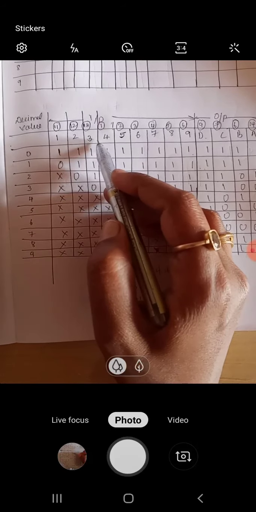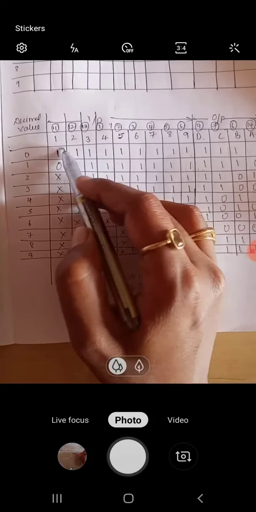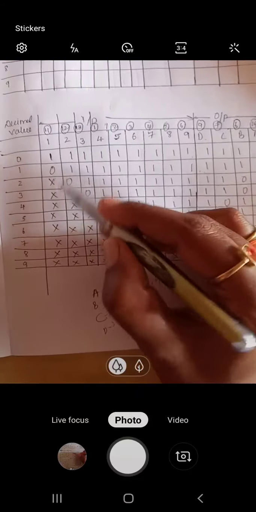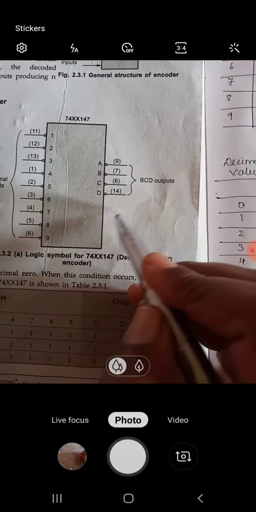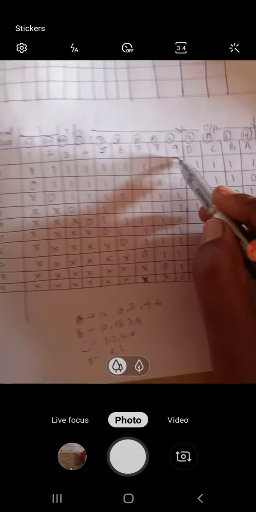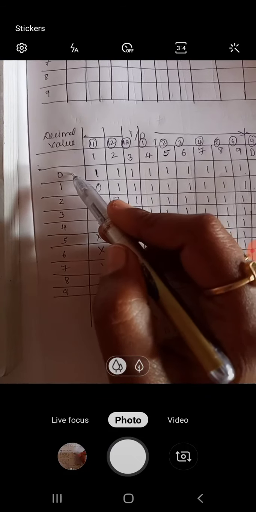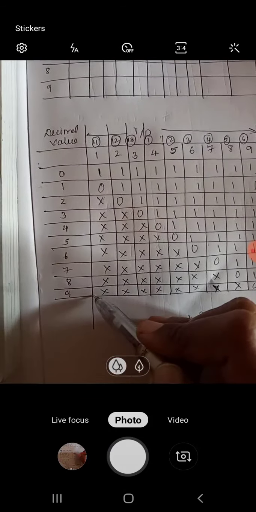If you see the output lines, you have 4 output lines A, B, C, D. To these I have given digital values 0, 1, 2, 3, 4, 5 up till 9. 0 to 9 means how many? 10. So you have 10 combinations.